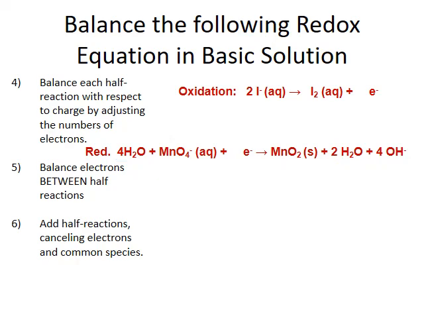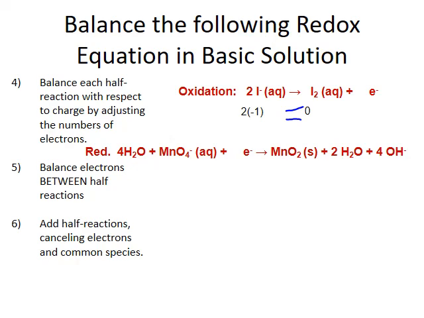Before that, though, we need to charge balance each individual half reaction and then balance the electrons between the two reactions. So let's start with the charge balance for the oxidation half reaction. So we have 2 -1 ions on the reactant side. On the product side, we have a neutral iodine molecule.